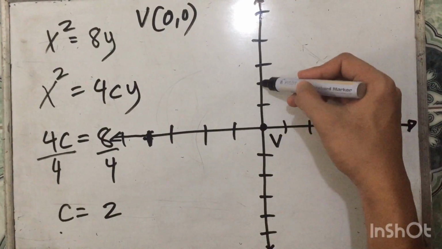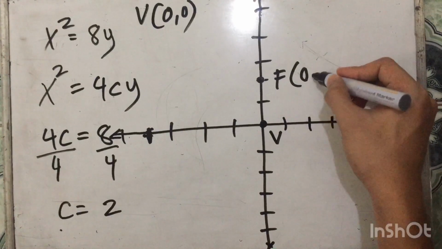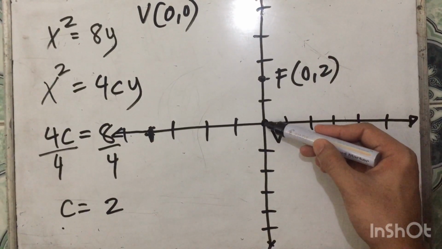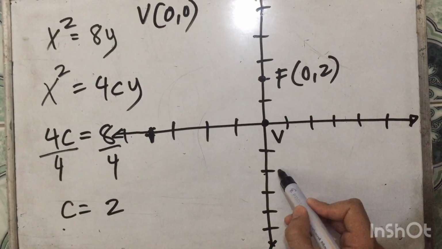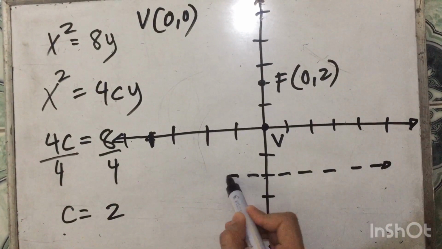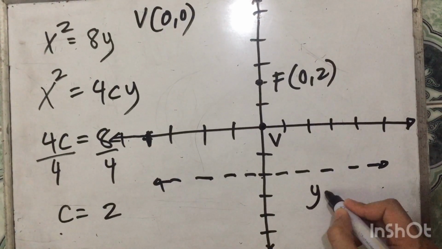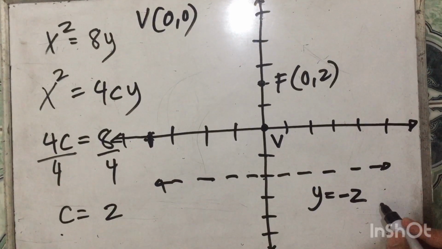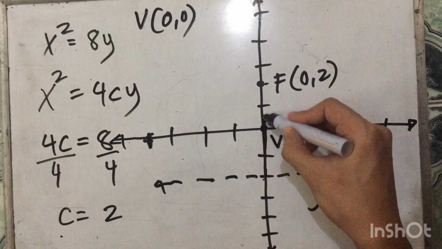So 1, 2, and that is the focus. That means the focus is (0, 2). And from the vertex we count 2 units downward to determine the directrix. So 1, 2. That means this is our directrix with equation y equals negative 2. And then the axis of symmetry is this line.